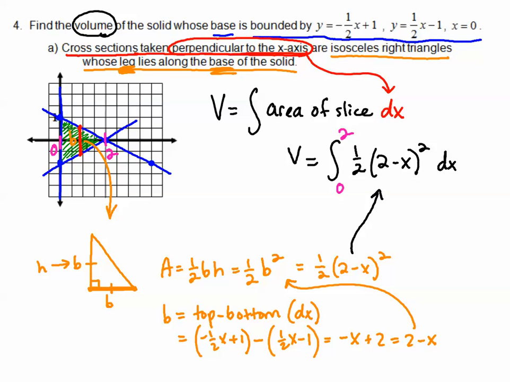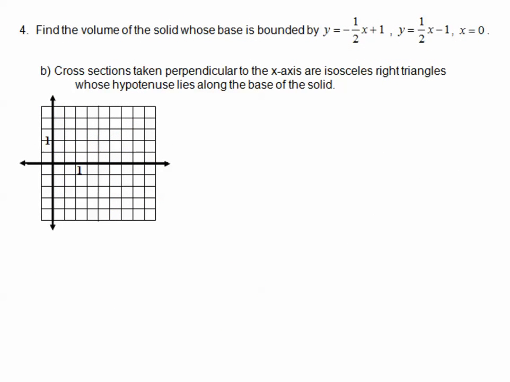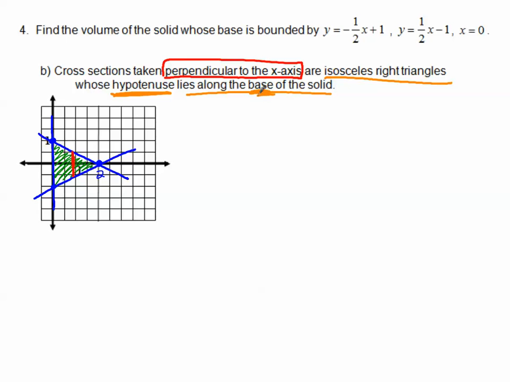Now let's look at the difference between this one and part B. So part B starts with the same base. So there's our base. This time, the cross sections are still taken perpendicular to the x-axis, so still looking like this. They are still isosceles right triangles, however, now the hypotenuse lies along the base of the solid.